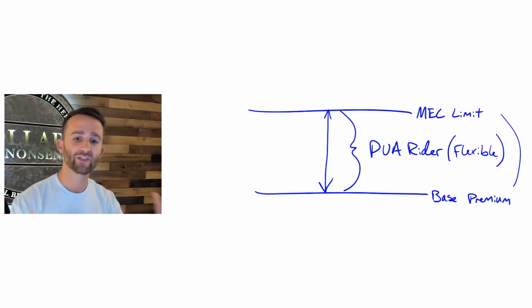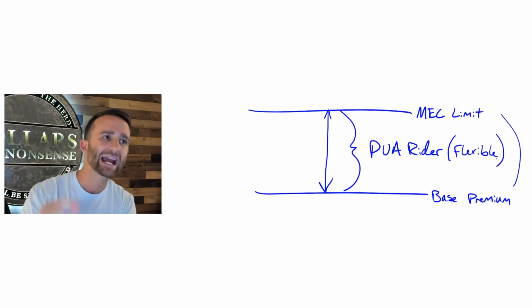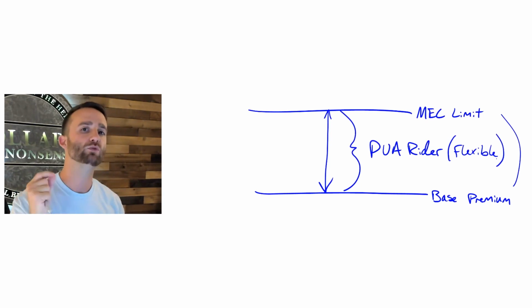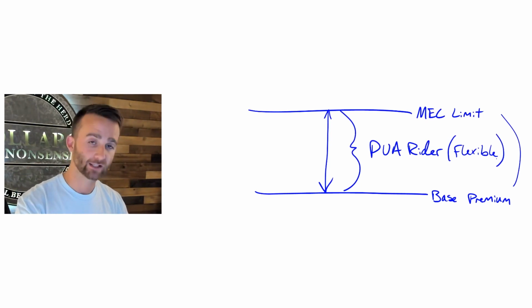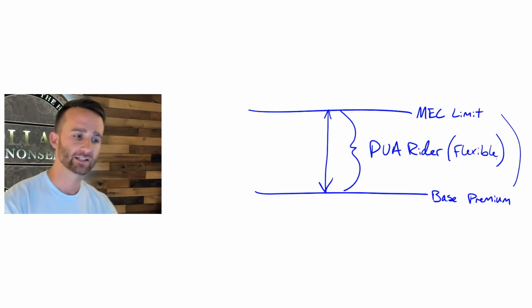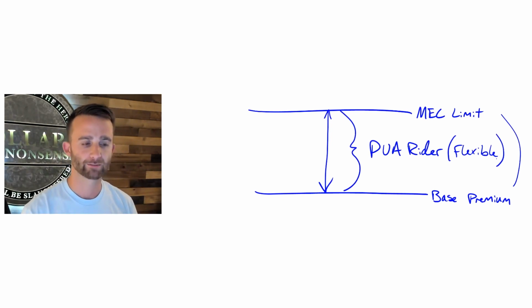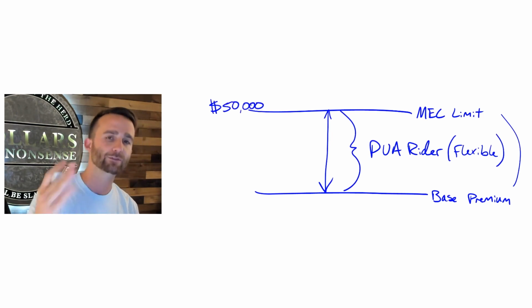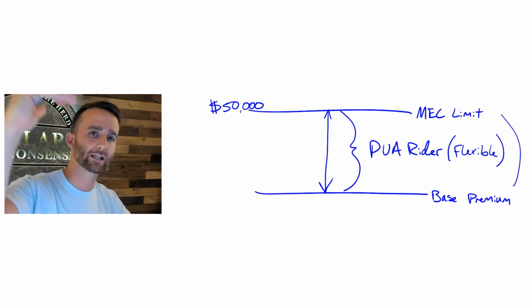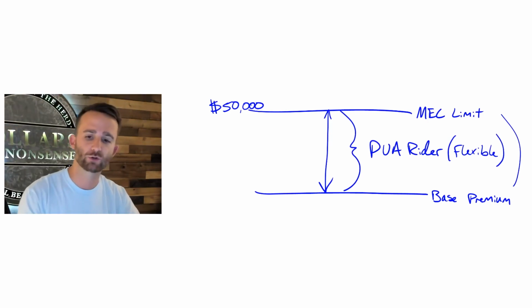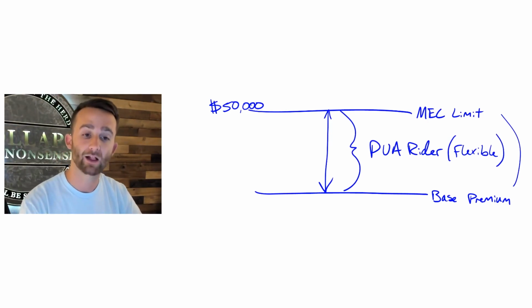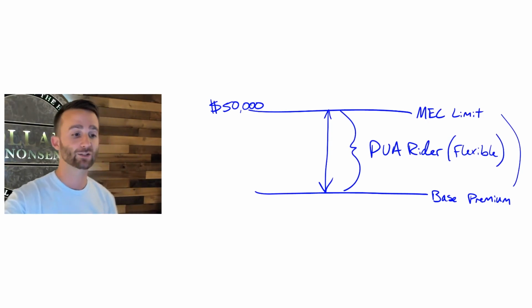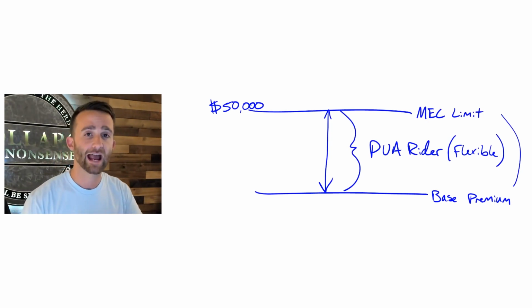you want to build the MEC limit to be right in line with what you desire and are likely to contribute. So if I was going to start a $50,000 policy premium, you would want the MEC limit to be right at about 50 grand, maybe a little bit higher to give you a little bit of wiggle room to increase it a bit more. But for this episode, we'll just assume that if somebody wants to start a 50 grand policy, he's going to be paying 50,000, and that's actually what's going to max the policy out.